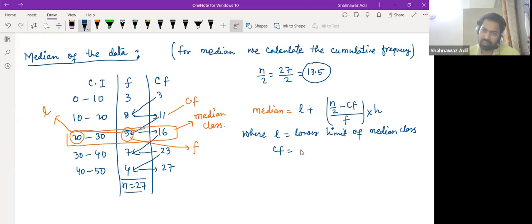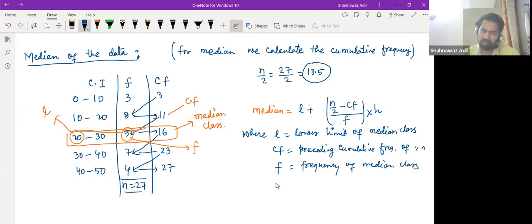CF is the preceding cumulative frequency of the median class, and then we have this frequency, so the frequency of the median class. And then we have this H, so this is the class size.